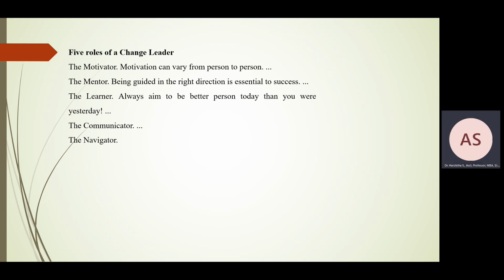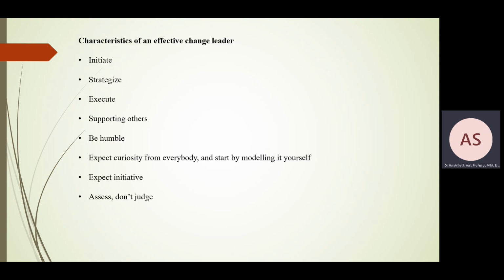So we learned about the five roles of a change leader, right? We are already at the end of the first module, students. Characteristics of an effective change leader. What are the characteristics of an effective change leader? He has to initiate, he has to strategize, he has to execute, he has to support others, he has to be humble, he has to expect curiosity from everybody and start by modeling it himself.